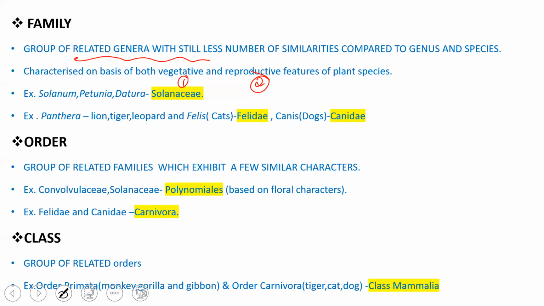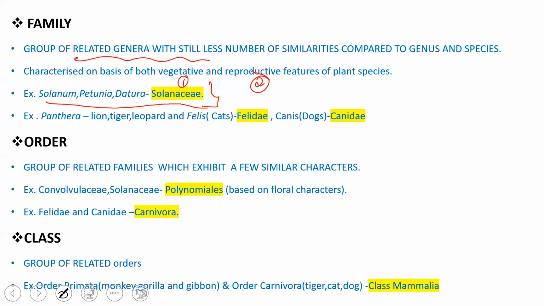First example is about the plant. We have discussed the Solanum group, that is Solanum melongena, Solanum tuberosum, and Solanum nigrum. Solanum and Petunia. Petunia is a flowering plant. Datura is a flowering plant. They all belong to the same family, that is Solanaceae. So Solanaceae is a family which includes certain vegetable plants, basically even green chilies, they all belong to the same group.